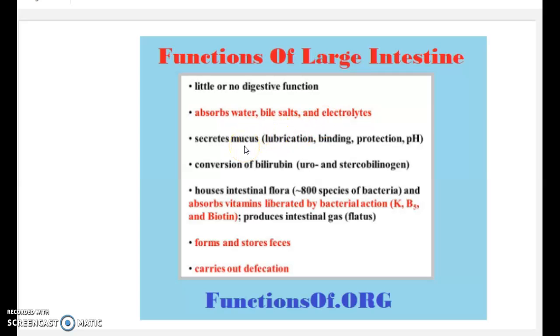Second function: its lining secretes mucus. Mucus lubricates the unwanted or undigested food. It also binds the undigested food to make the feces. It also provides protection from germs or infection, and maintains the pH within the large intestine.